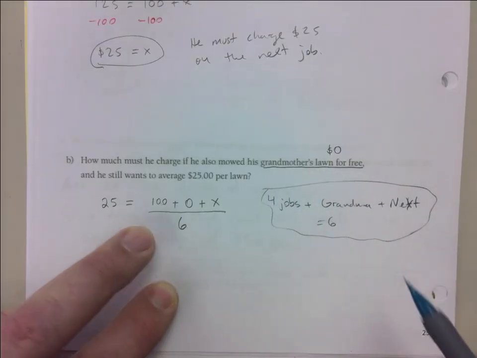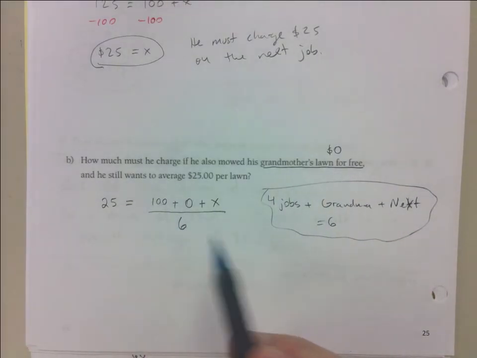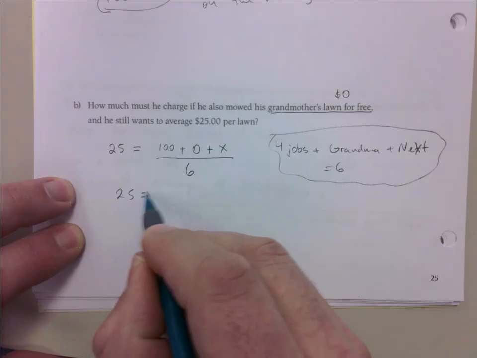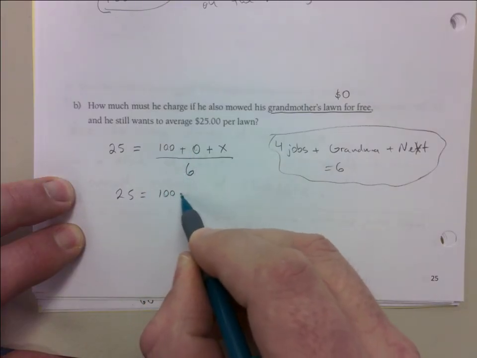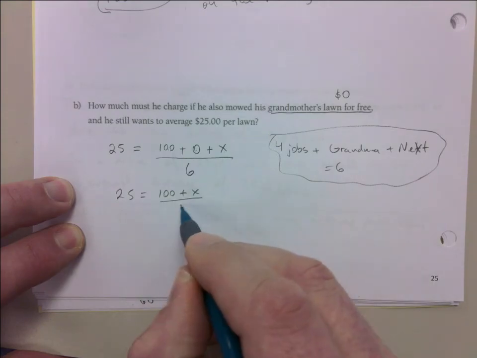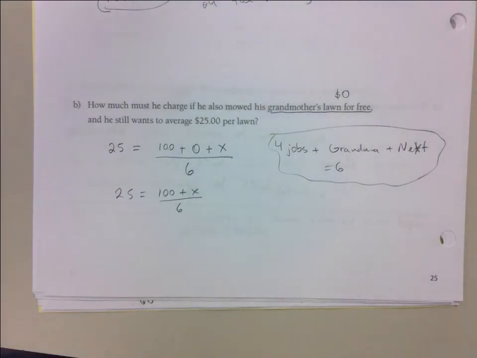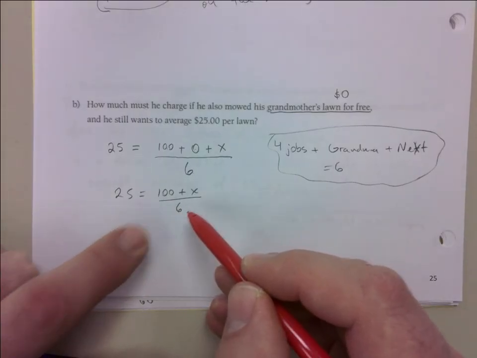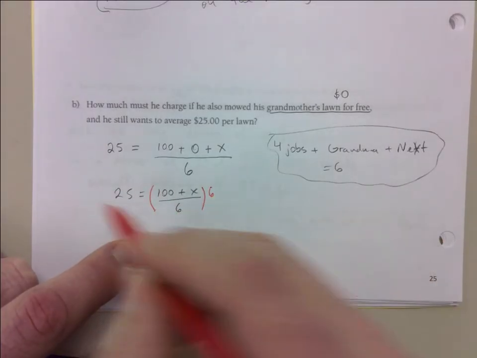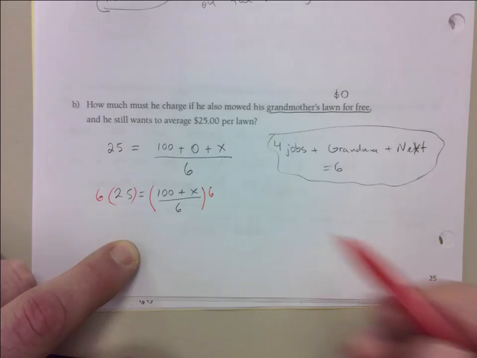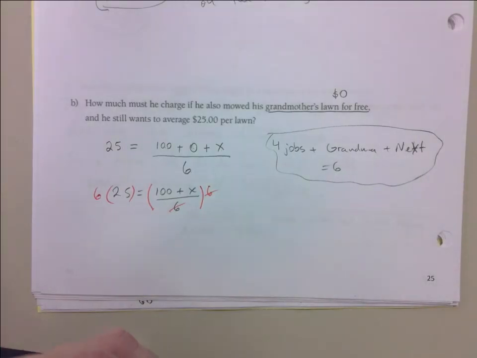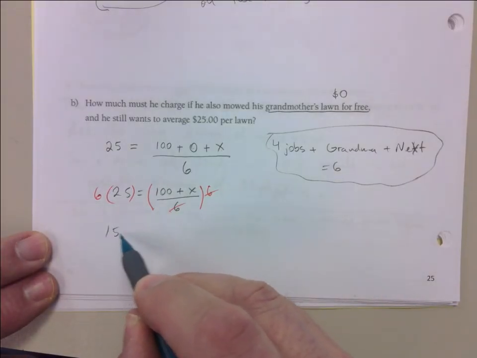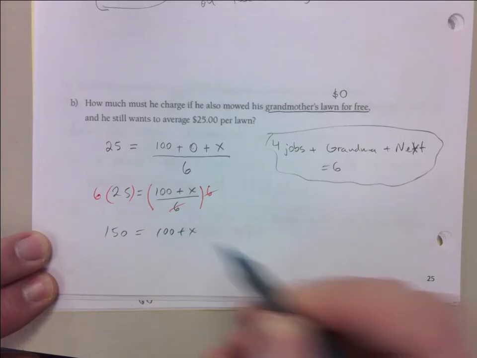So you're kind of wondering how many values am I adding up all together. You clean that up, it's 25. 100 plus 0 is just 100 plus x over 6. And now you do the exact same thing except 6 is down here. Okay? So times 6, cancel. 150 is equal to 100 plus x.